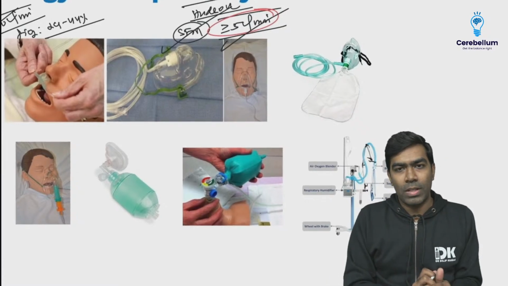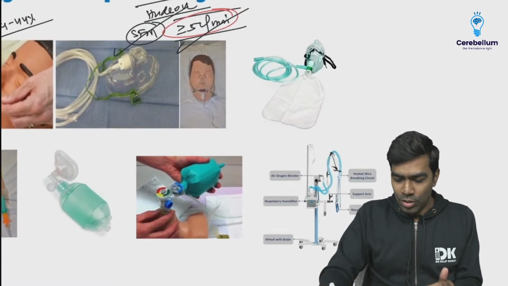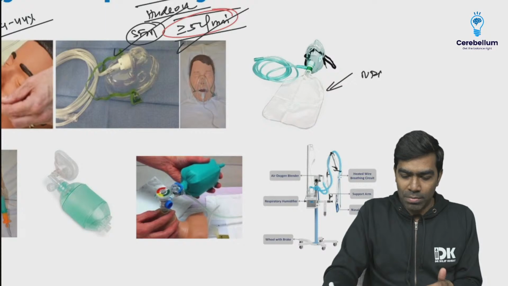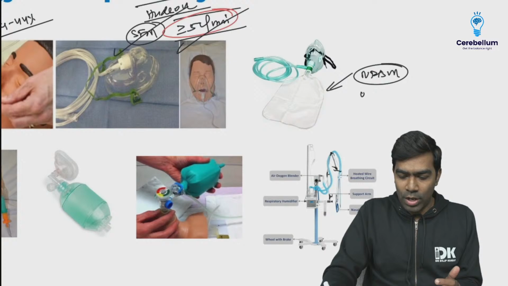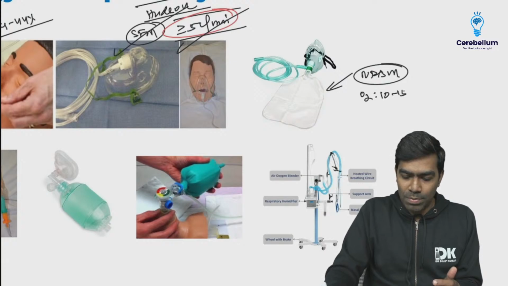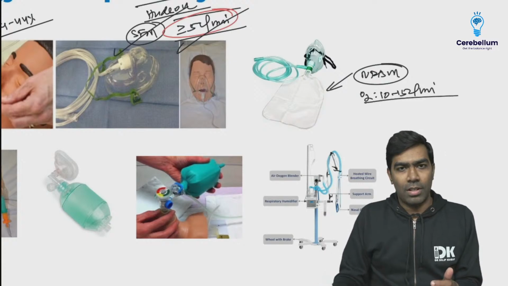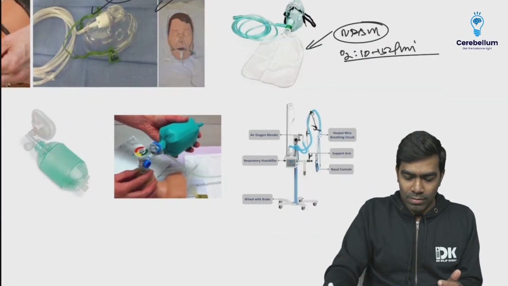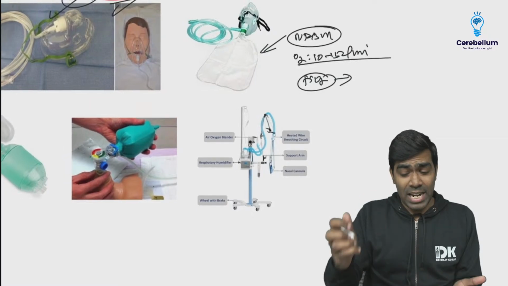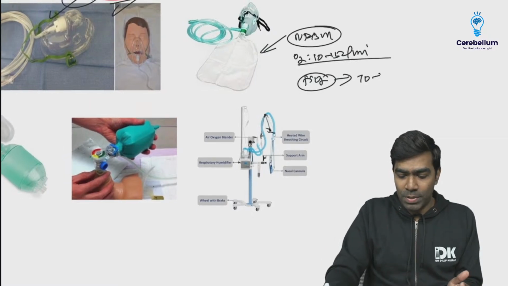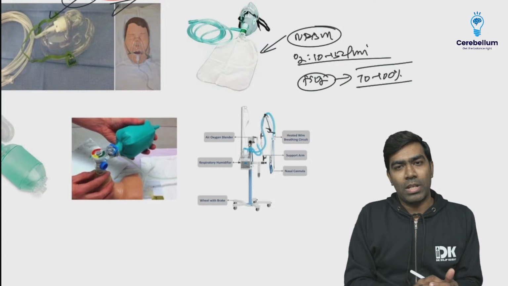Okay. So now, what is this one? This one is a very important one. This is NRBM, that is a non-rebreather mask. The oxygen flow rate will be somewhere around 10 to 15 liters per minute. And what will be the FiO2 that will be delivered? Theoretically, it can deliver somewhere around 70 to 100% depending on the number of valves.